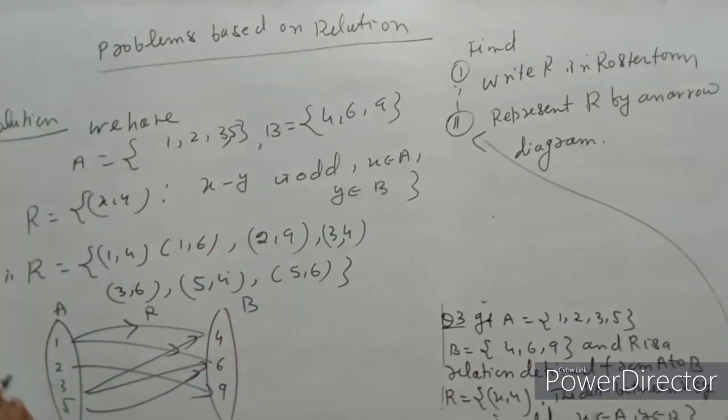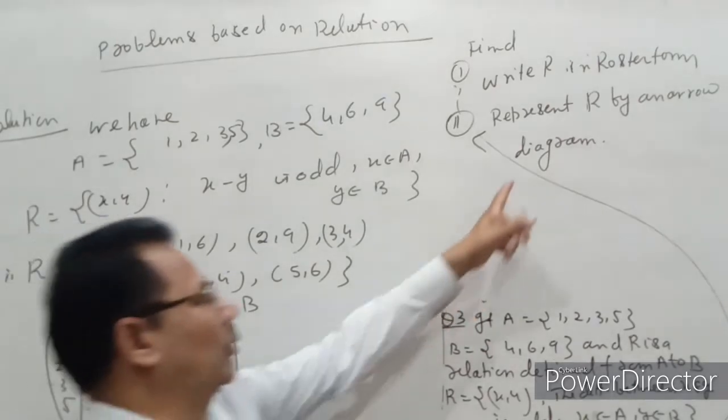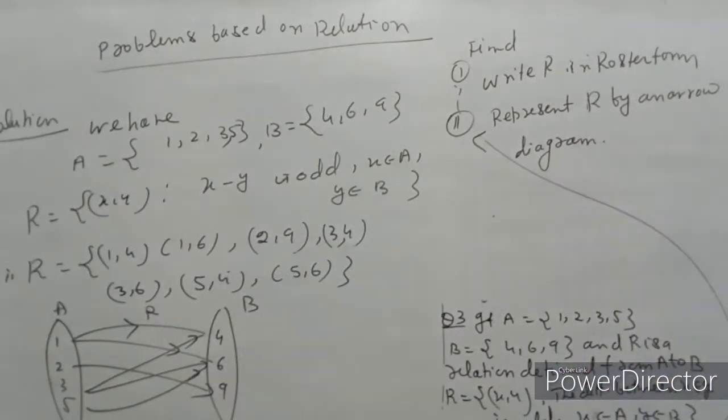So therefore, this relation defined from the set A to B is shown with the help of the arrow diagram.